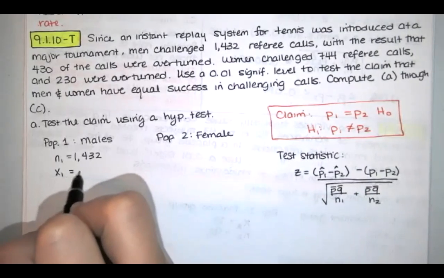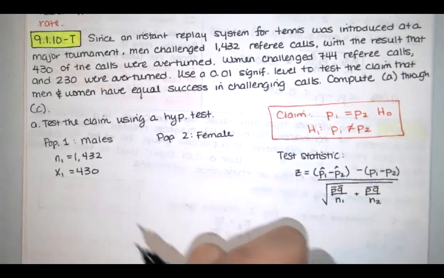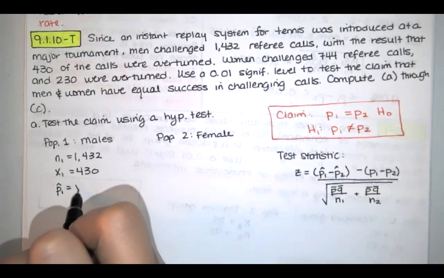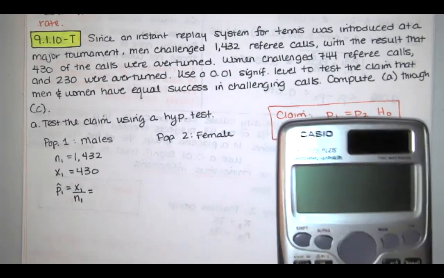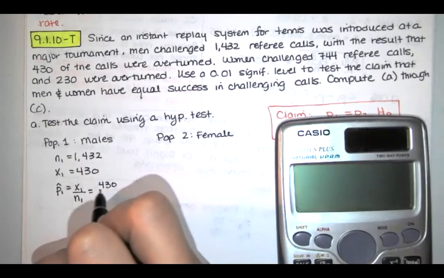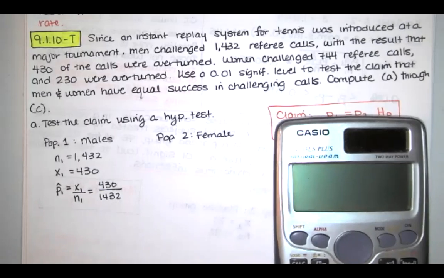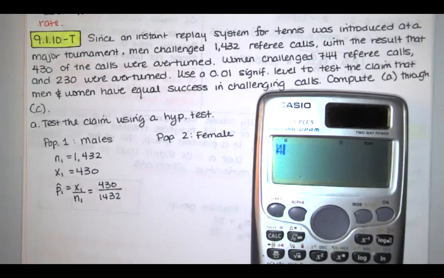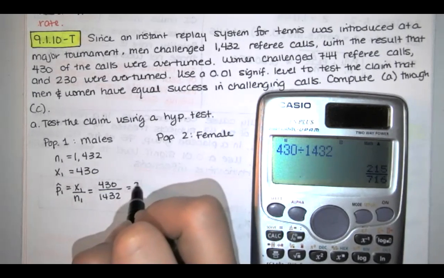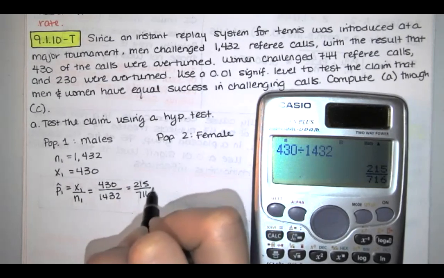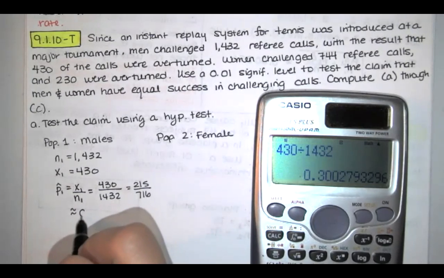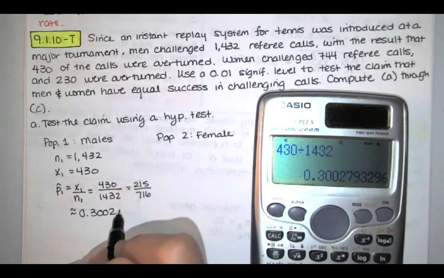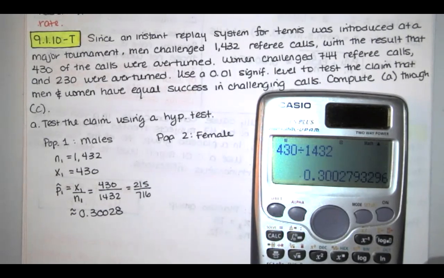So we're going to think of those as successes. And so p1 hat is the number of successes out of that sample size. It's a proportion. And we get 215 out of 716, which is approximately equal to 0.30028 if I round to 5 decimal places.